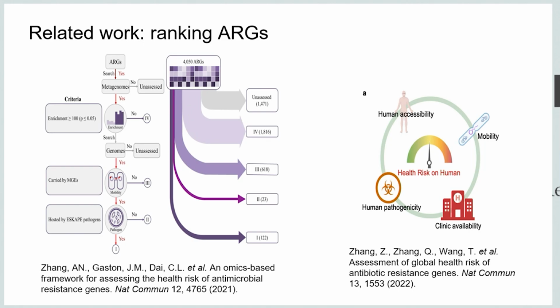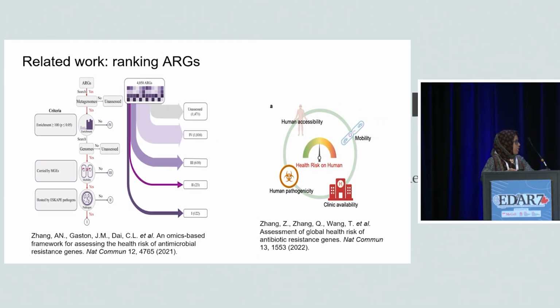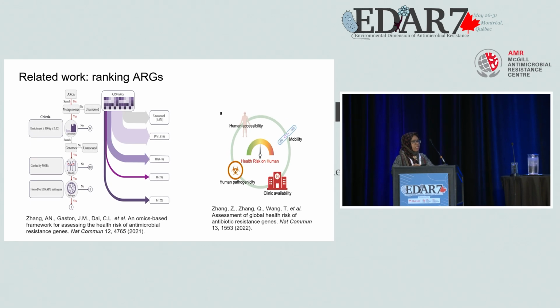In 2022, another group published another framework that uses similar criteria but with some additional refinement of their own, like clinical availability of the antibiotics that ARGs are resistant to. Both of these frameworks rank ARGs based on known associations with MGEs and pathogens, and that's their key difference with MetaCompare, because MetaCompare ranks metagenomic samples based on the existing associations that are found in the sample.